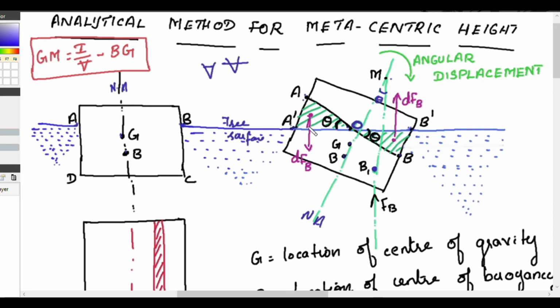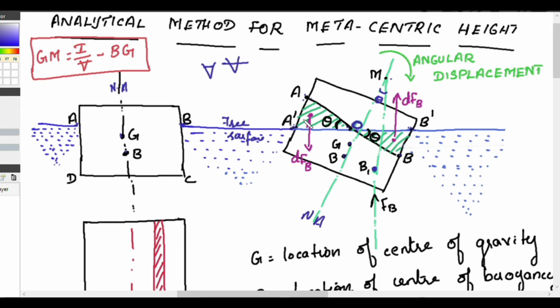Because of the formation of these wedges, there will be an increase in buoyant force on the right side, that is, in OBB dash. Buoyant force always acts upwards. We take this increase in buoyant force as dFB in the region OBB dash. Similarly, in the region OAA dash, it goes above the free surface of water, so there is a loss in buoyant force.